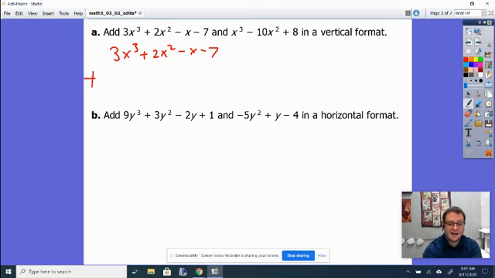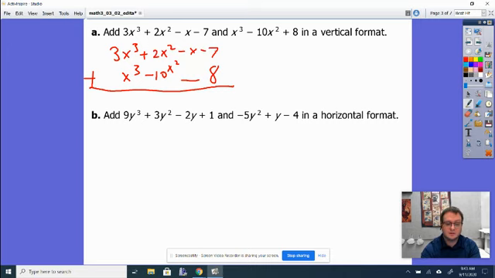I'm going to add to that x cubed, minus 10x squared. Now this is the important part. I don't have an x term on the second one. Because there's no x term, I'm going to leave that spot blank, and I'm going to put the 8 under the 7. Then I'm just going to add each part.